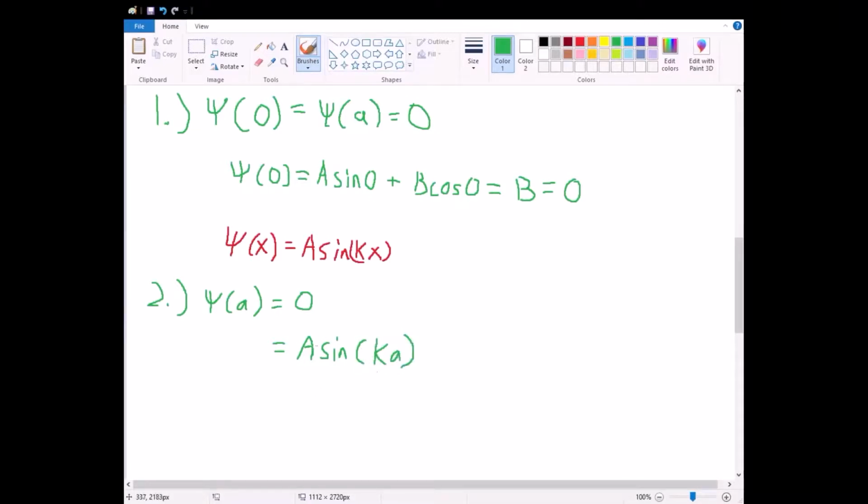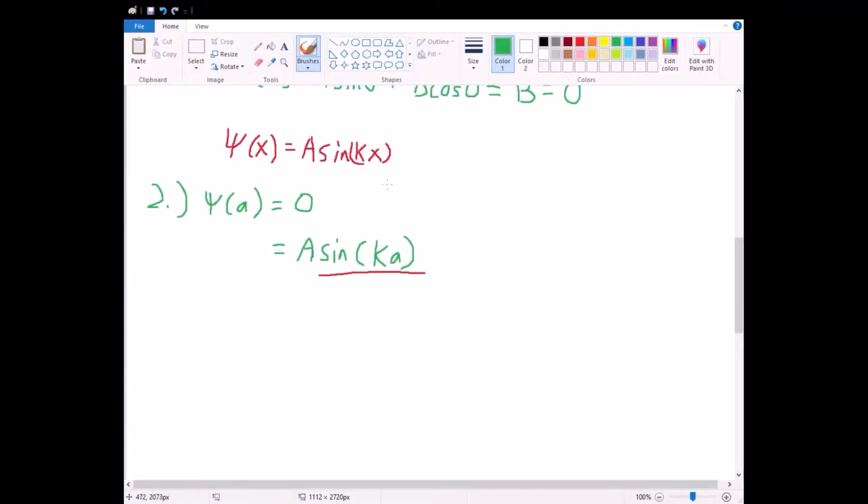And from this point, we have two possibilities. The first possibility is that if we want this to equal 0, then A has to necessarily equal 0. However, if we enforce that A equals 0, then we just get a trivial solution where psi equals 0, and we don't really care about that. That doesn't have any interesting properties. So therefore, we will not assume that A equals 0, and we will instead take the second possibility, which is that sine of ka equals 0.